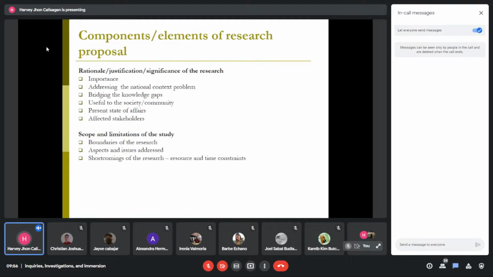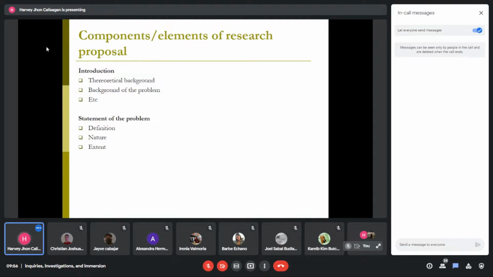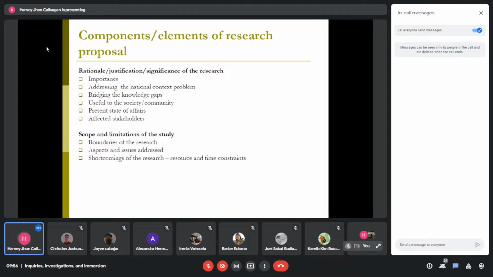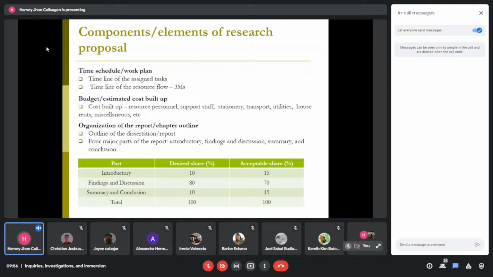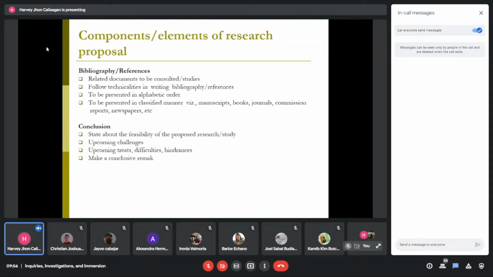I don't need to discuss this one because I think it's done already. You will be meeting these components in your research. So I think I don't have to discuss this one anymore. These are just the details of those components. You might be encountering most of this when it comes to research.